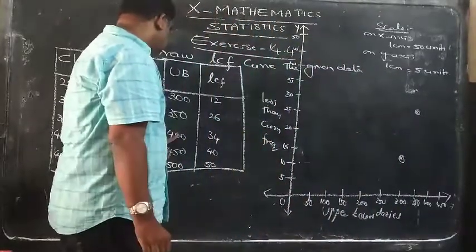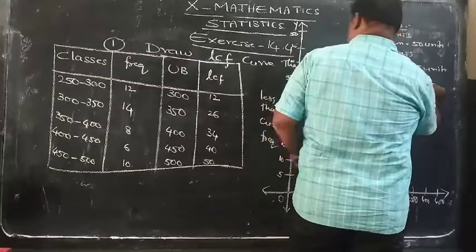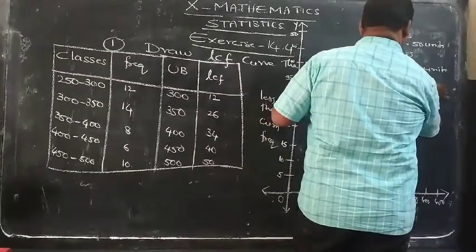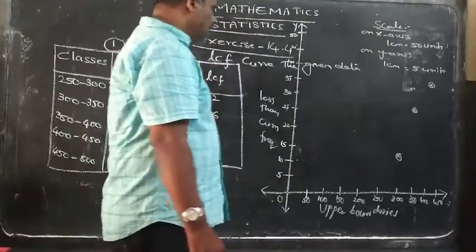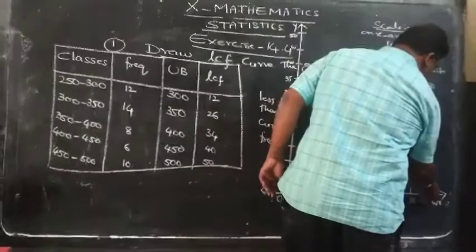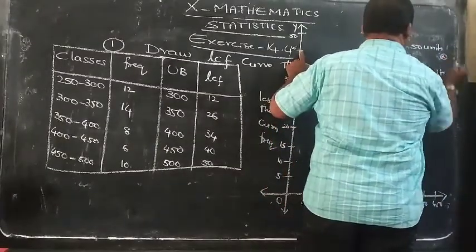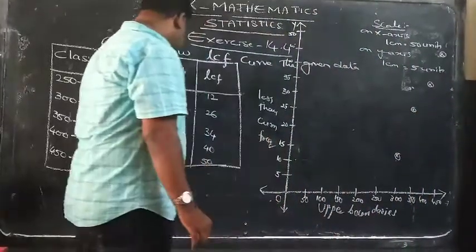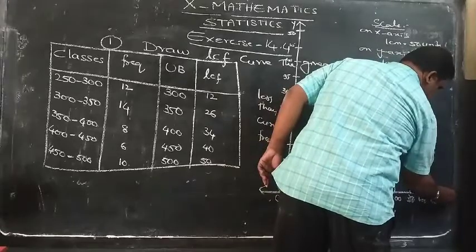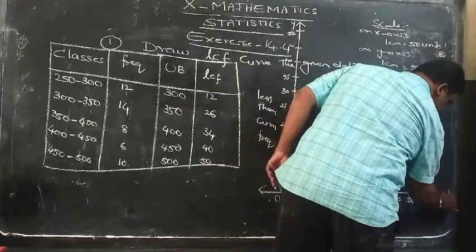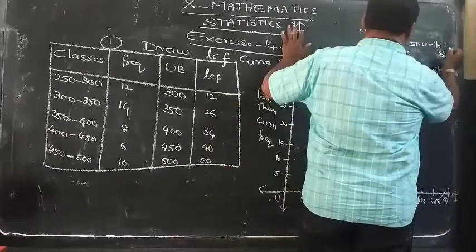When the upper boundary is 400, the less than cumulative frequency is 34. When the upper boundary is 450, it is 40. When the upper boundary is 500, the less than cumulative frequency is 50.